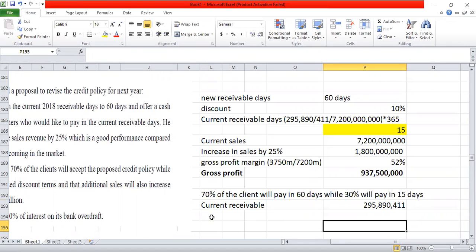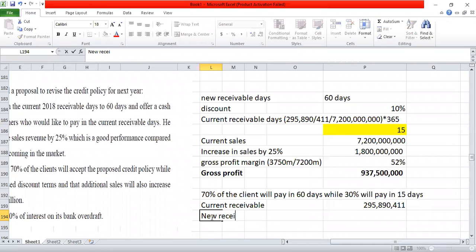Our new receivable will be 60 over 365 times the total sales here, which I think becomes 9 billion.